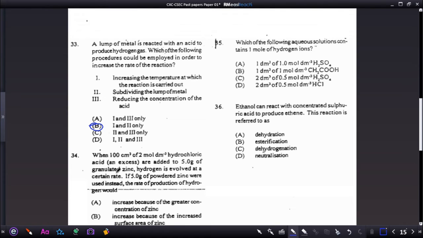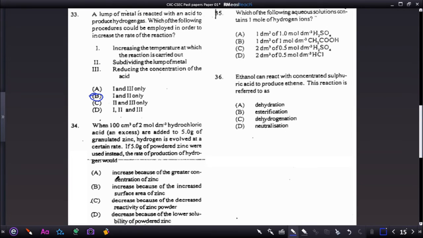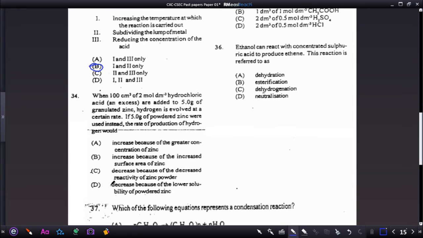If 5 grams of powdered zinc were used instead, the rate of production of hydrogen would: increase because of the greater concentration of zinc, increase because of the increased surface area of zinc, that seems like it, decrease because of the decreased reactivity of zinc powder, decrease because of the lower solubility of the powdered zinc.